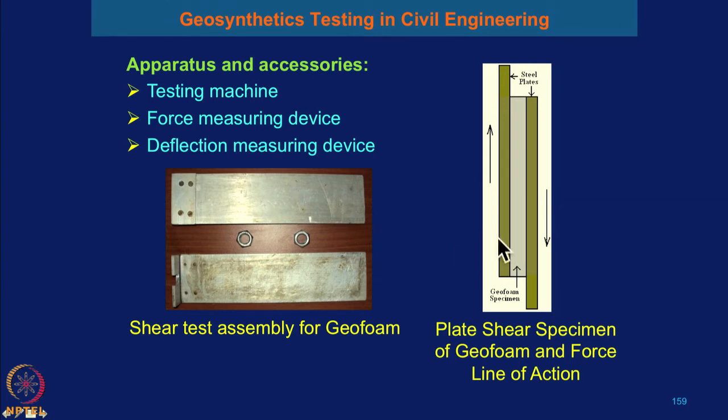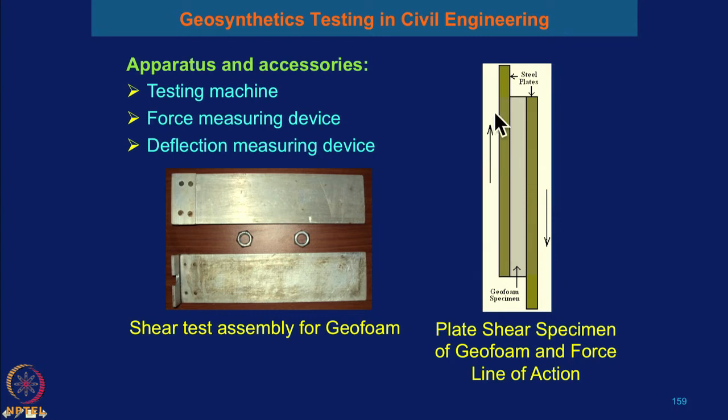You can see one plate on the left hand side, another plate on the right hand side, and EPS geoform material is placed between the two plates. This is the plate shear specimen of the EPS geoform and the force line of action.